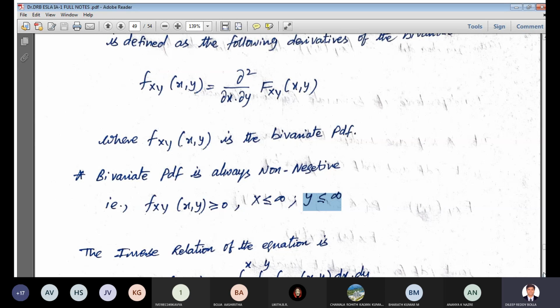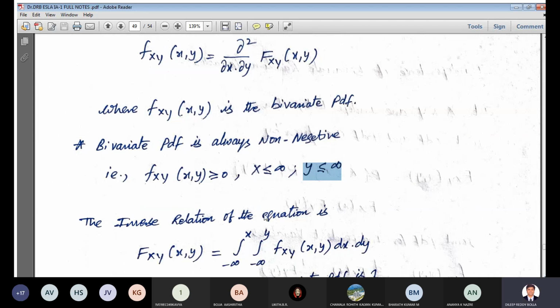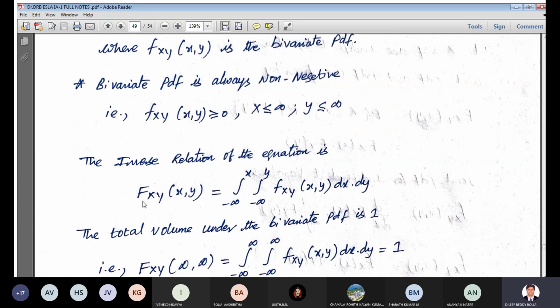If we have the PDF, can we find the CDF? Here the values are the PDF, and now we are trying to find the inverse, which means how do we find the CDF if we have the PDF? Capital F indicates the CDF and small f indicates the PDF.